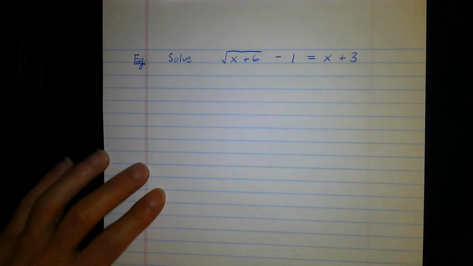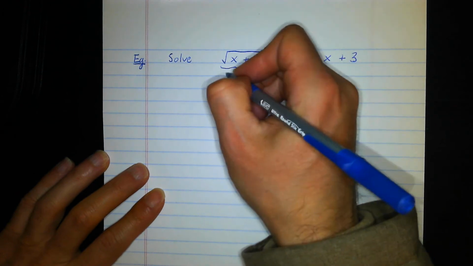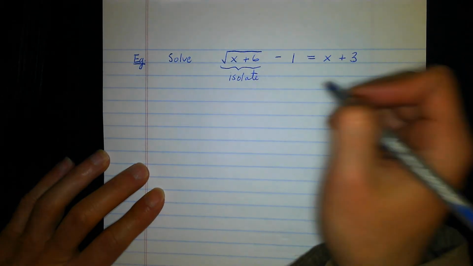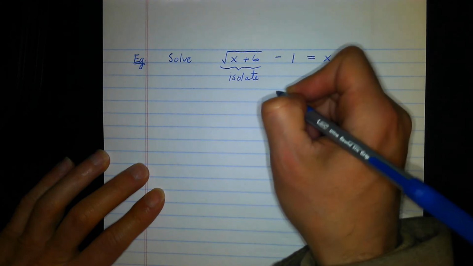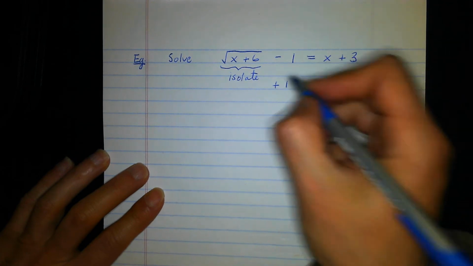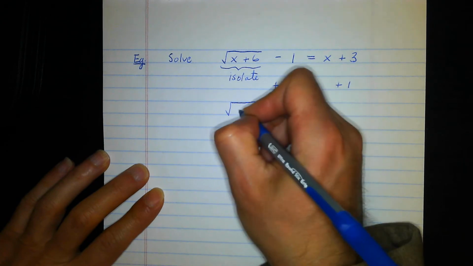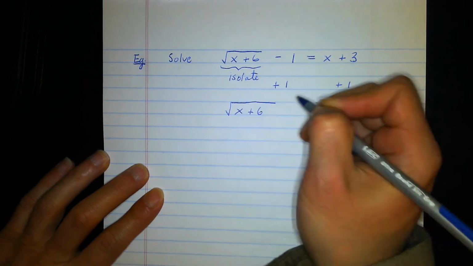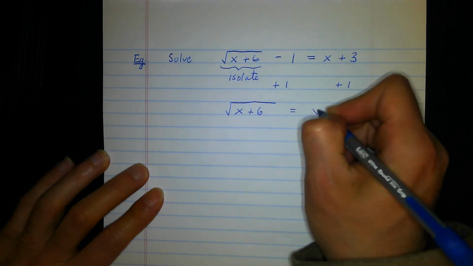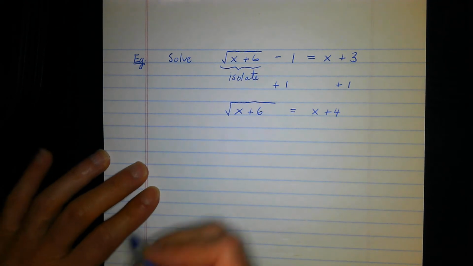Okay, so again, we just want to isolate the radical here. And that means plus 1 to both sides, which gives me the square root of x plus 6 equals x plus 4. Okay, and now we square both sides.